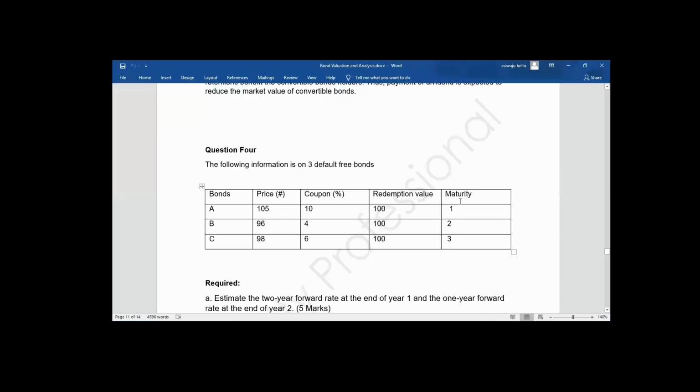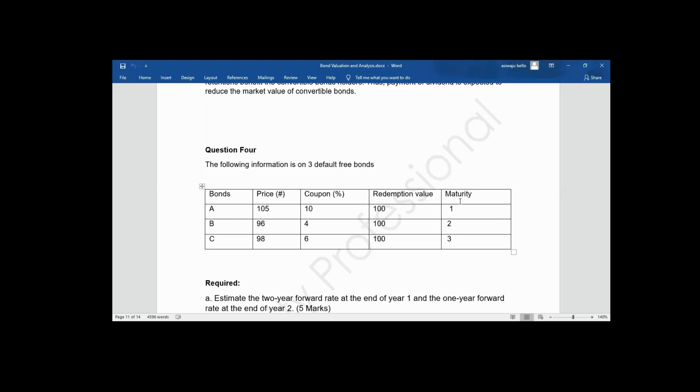Question number 4. The following information is on 3 default free bond. Please, as you read question, you must also understand some terms being used. Examiner says the following information is on 3 default free bond. Default free bond are government bond.